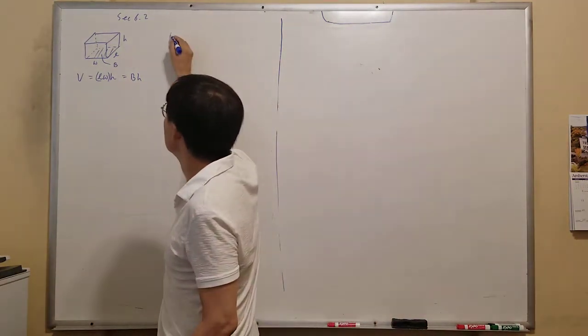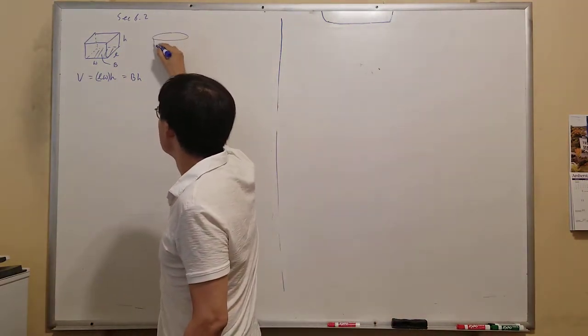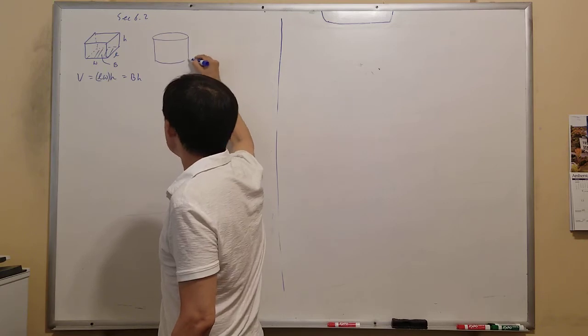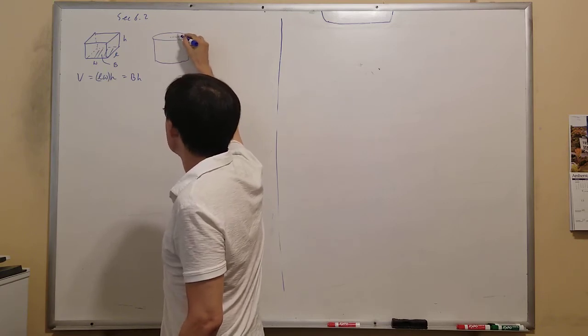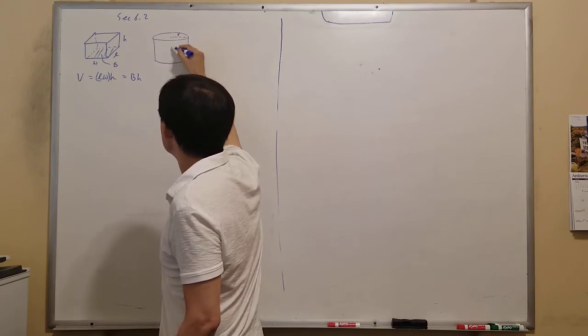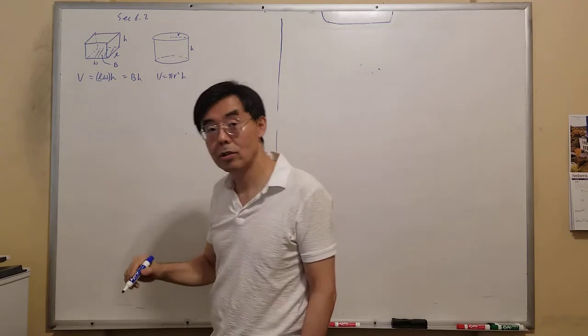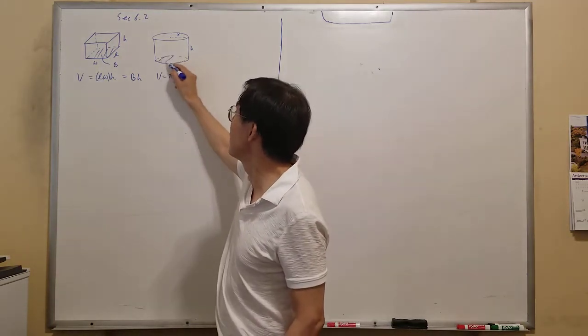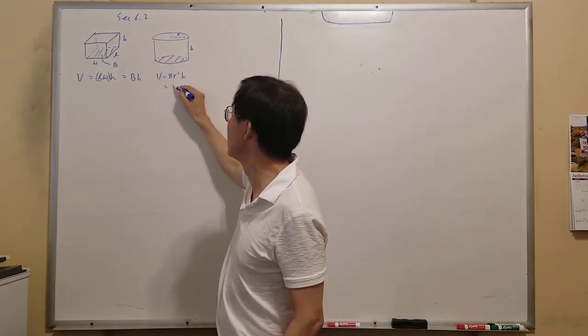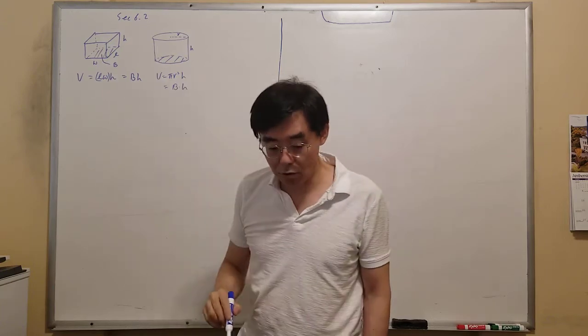What about a circular cylinder? You learned that the volume is pi r squared times H. Again, that's the area of the base times H, right?